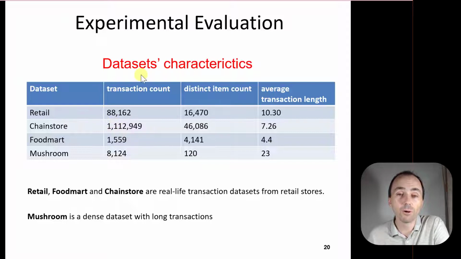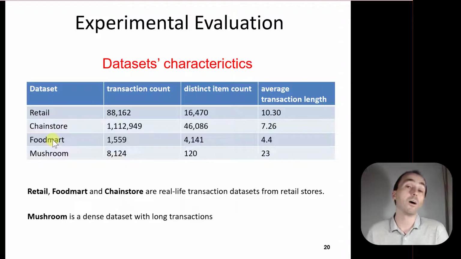So in the paper, we did some experiments to evaluate the algorithm. We use some databases. The first three, retail, chain store, and food mart, are about shopping, and mushroom is a data set about mushrooms. It is not related. It's just to do some performance experiments.